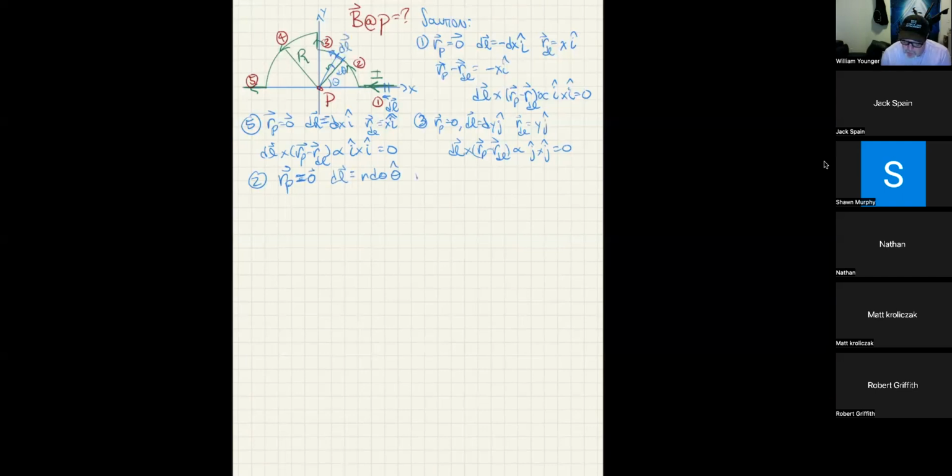Now RDL is actually going to be just R hat, because that's supposed to point from the origin to DL, so just a length R. But remember, R is a function of theta, so it's not like we're just saying how far away it is. We're actually given the angle theta too, because R hat has a definite theta dependence. Okay, so now we can say RP minus RDL is actually equal to negative R hat.